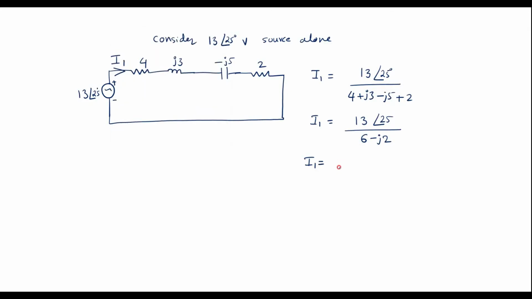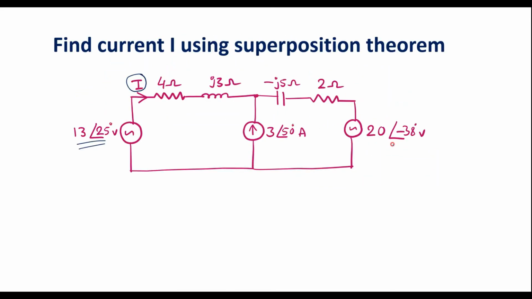So let me write here, that is 1.492 plus, imaginary part is J 1.413 amps. So this is the current that flows through the circuit, that is I, when 13 angle 25 is considered alone. Now let me consider 20 angle minus 38 alone.